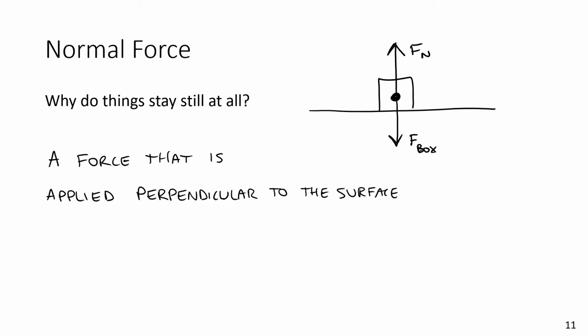I'll do one mini example down here. Say we have a slant. And we have a box that is just sitting on the slant. It's not moving, but friction is holding it there. So gravity, the force of gravity, is making it want to move directly downward.